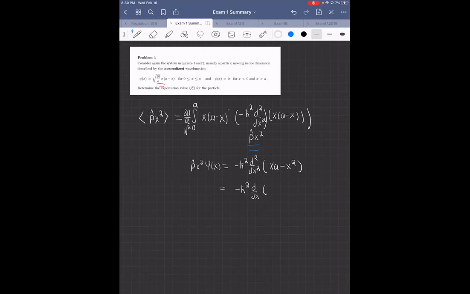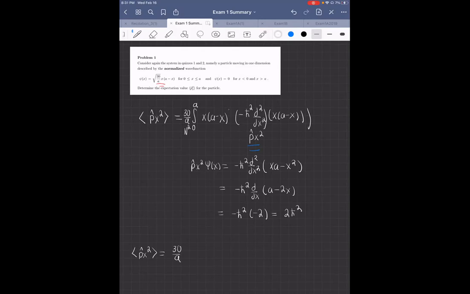Take the derivative of this, I get a minus 2x. Take a derivative again, I get minus 2. And this is just going to be equal to 2 h bar squared. So the expectation value of P squared is going to be equal to 30 over a.